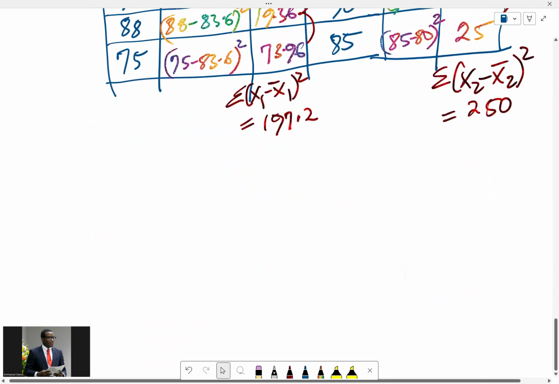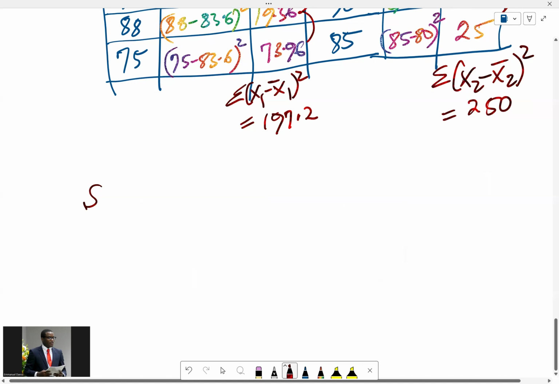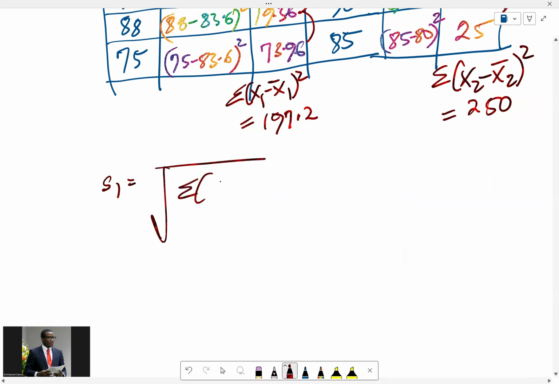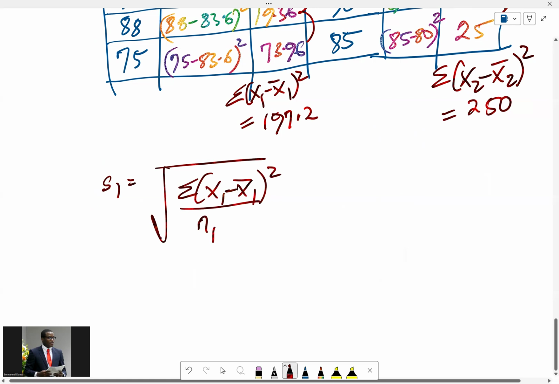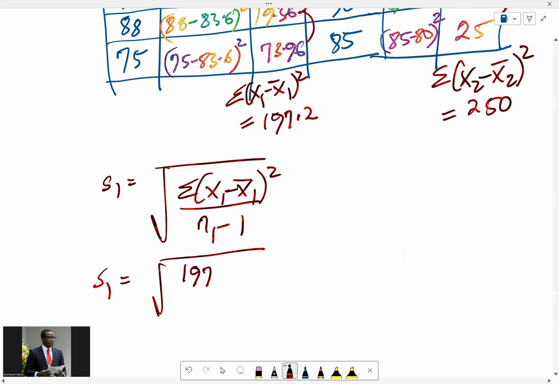And with that now, you can get S1. Of course, we know it's actually small s. So S1 equals the square root of the summation of x1 minus x1 bar all squared divided by n1 minus 1. Let me go down. So S1 equals the square root of 197.2 all over n1 minus 1.